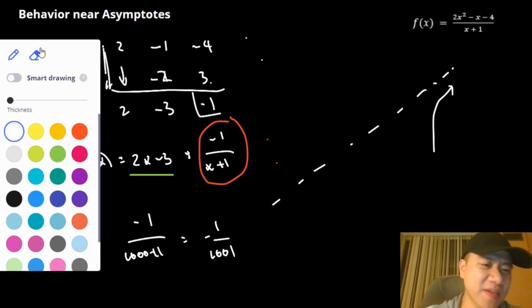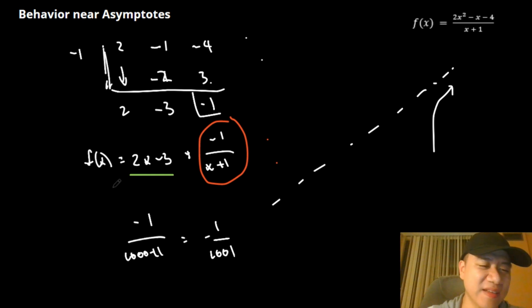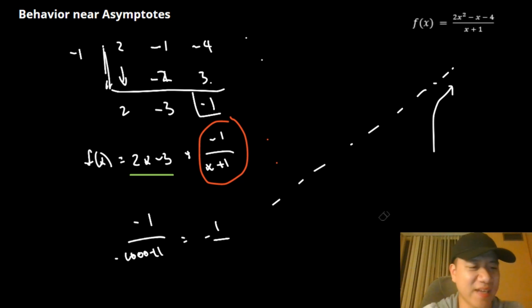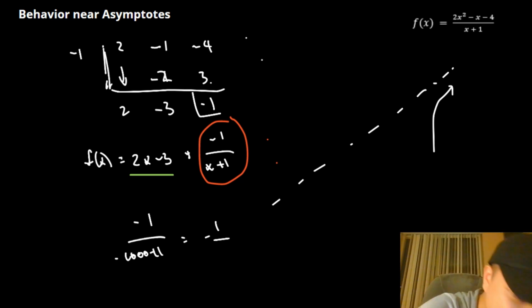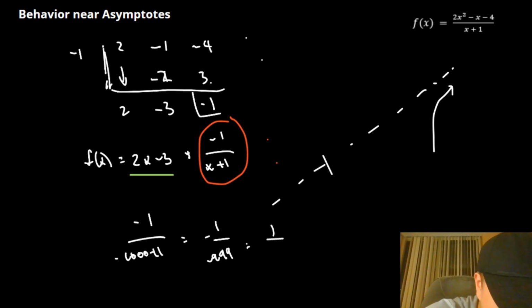So let's substitute negative 1000 and figure it out for this side of the OA. We substitute negative 1000 into this term. What we get is negative 1 divided by negative 999, which simplifies to positive 1 over 999.